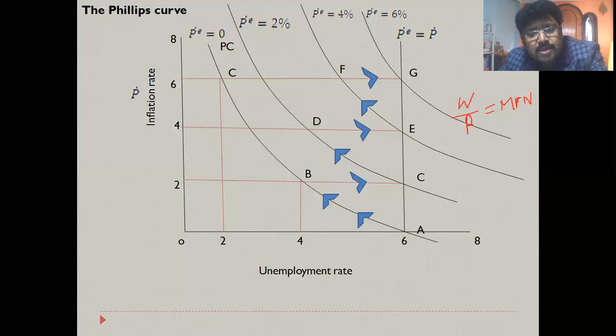The classicals said that even in the short run money supply does not have any effect on the real variables. Friedman or the monetarists do not totally agree with that point. They said that in the short run money supply does have some effect on the real variables.